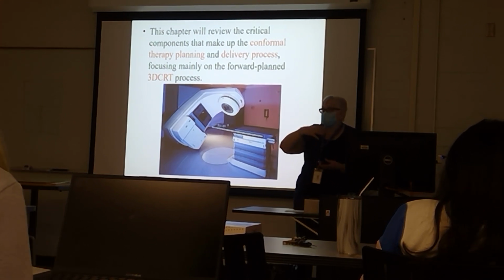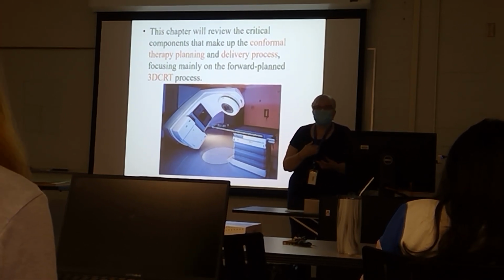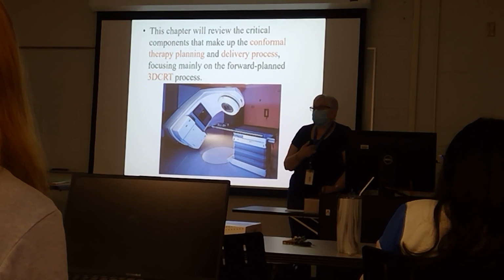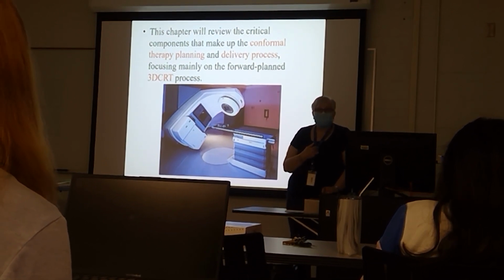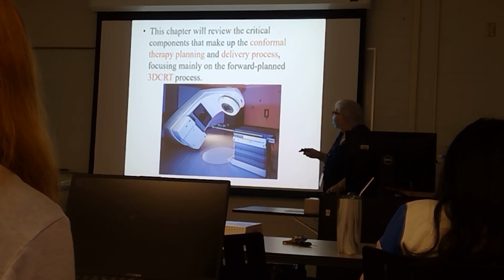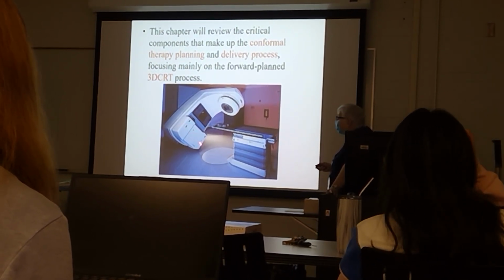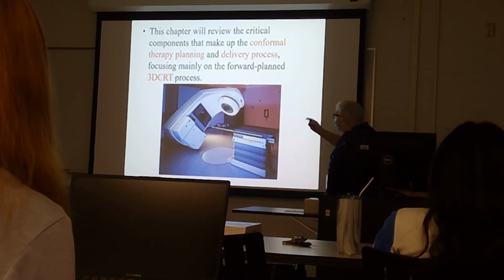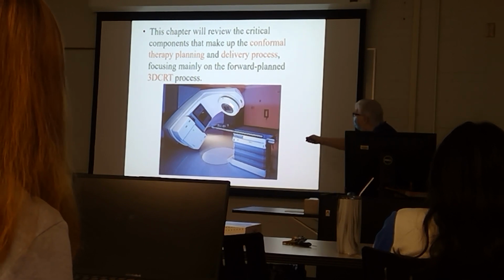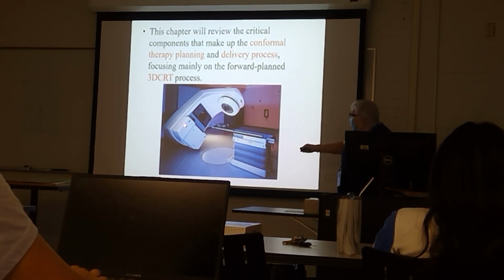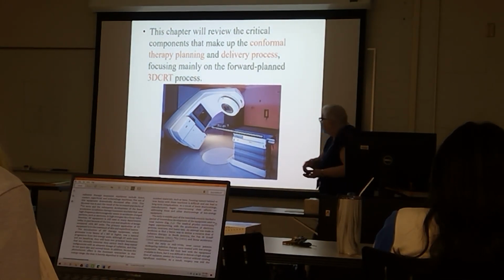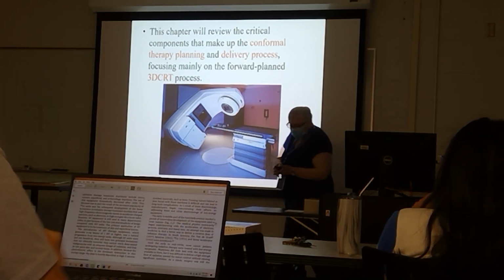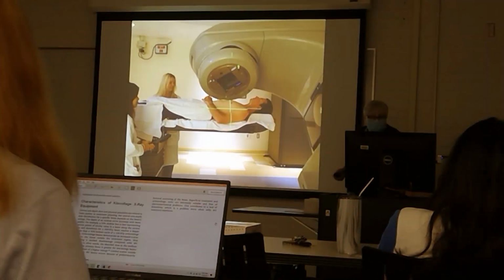You know the crosshairs that come from the machine? The front pointer is where the crosshairs cross, and that's where you put your AP laser, or your AP field. The back pointer is showing you the exit point of whatever field you're set up with. So if you're set up here, the back pointer would show you the exit of this field, so it would be about here somewhere. So that's what is showing up on here.